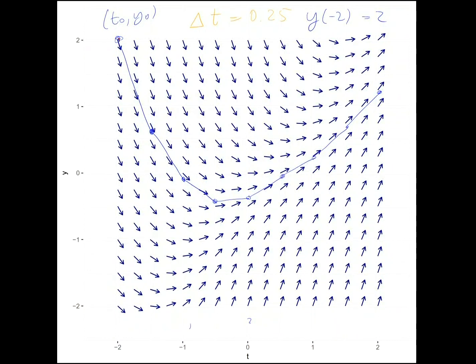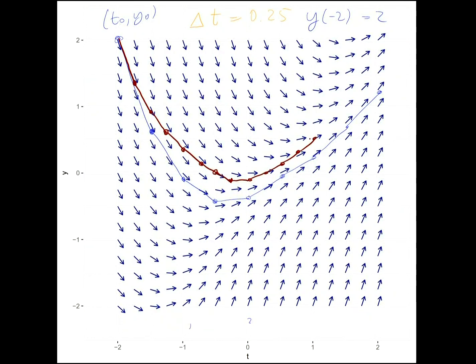So then I'm still going to go in the same direction at first, but then I'm going to take the step of 0.25, which is a smaller step, and so on, right?